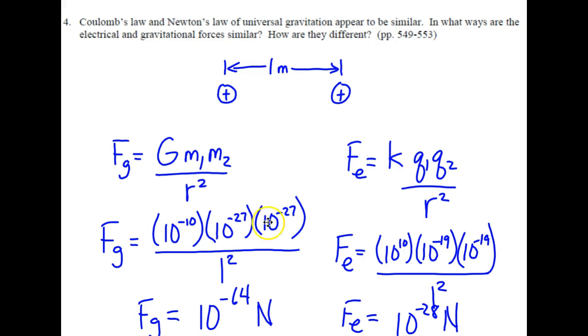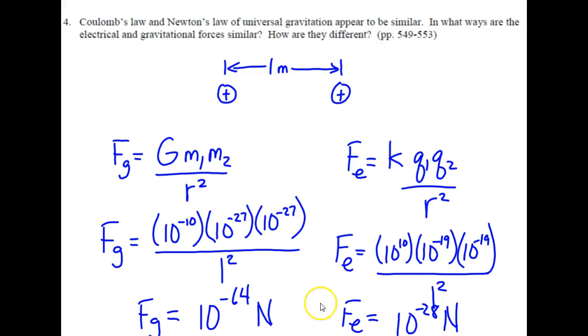So its order of magnitude would be 10 to the negative 27. So m1 m2 over r squared, and our distance between centers is 1 meter. You go ahead and do that. We add the exponents together. 27 and 27 is 54, and 10 is 64. So the force due to the gravitational attraction between these two would be 10 to the negative 64 newtons.